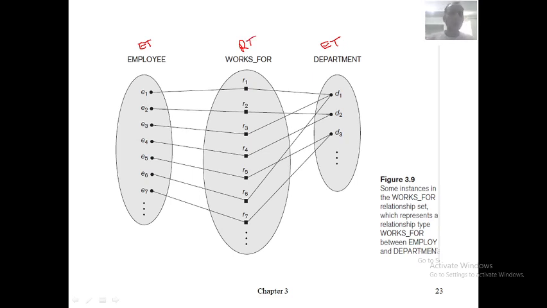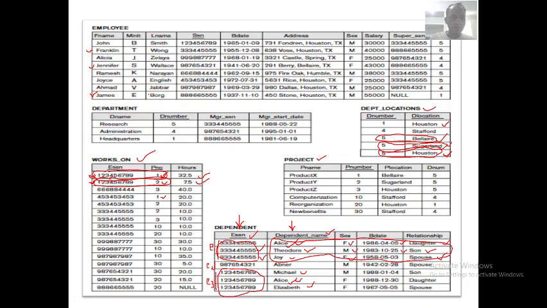Now see here, this employee E1 is an entity. E1 means, I will tell you, this complete record: his first name is John, middle name is B, Smith, his SSN, date of birth, address, gender, salary, supervisor number, and department.